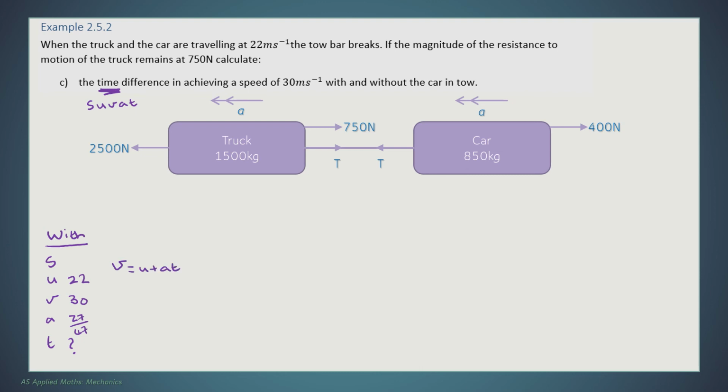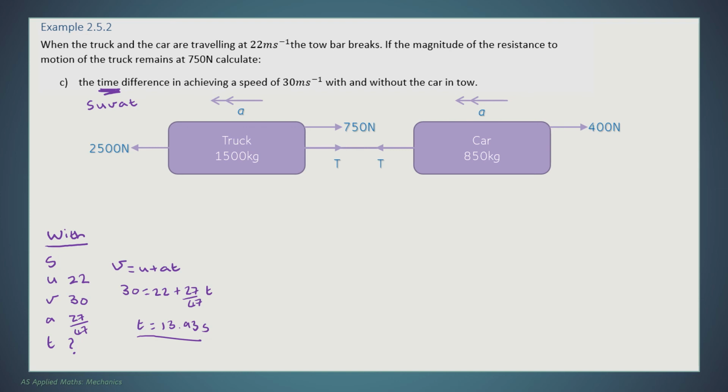We have 30 equals 22 plus 27 over 47 t. And calculating time from there, we've got 13.93. Again, I've got more significant figures than I know I'm going to need because that's not the final answer, that's just this first section.